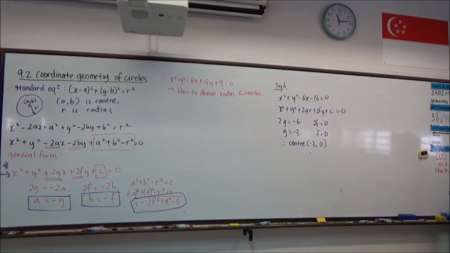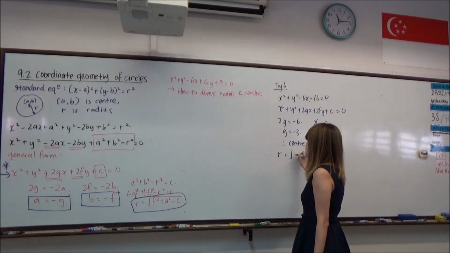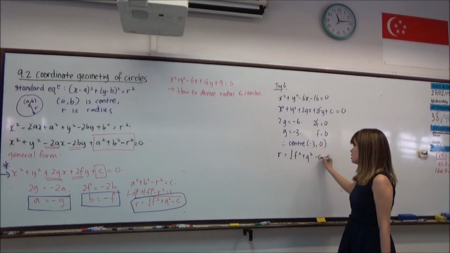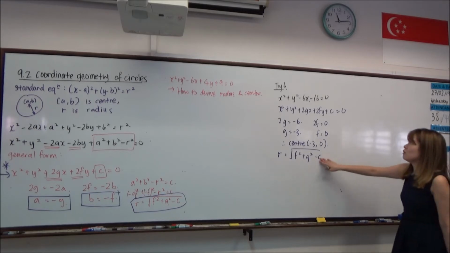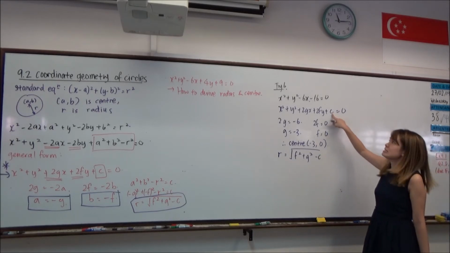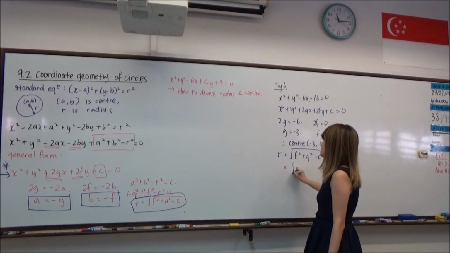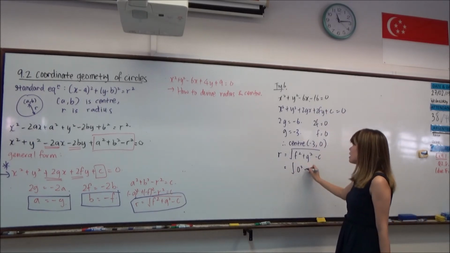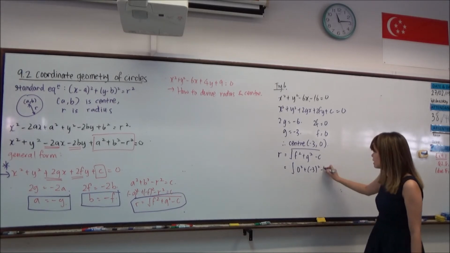Agree? Then you need to know that the radius will have to follow this formula. So this is where your memorizing will have to take place. That r will follow this. c is this negative 16 over here. So in this case, 0 squared plus negative 3 squared minus 16, minus negative 16.